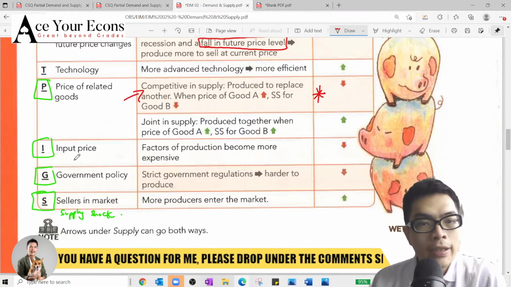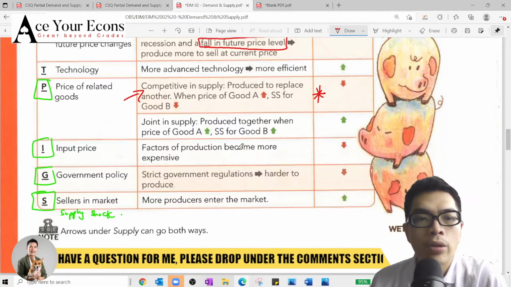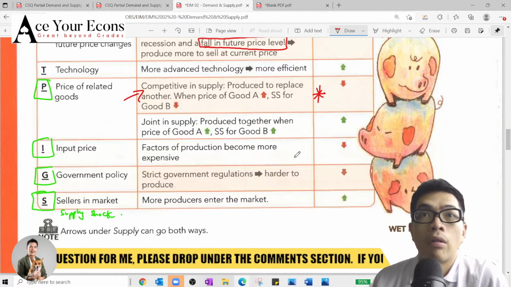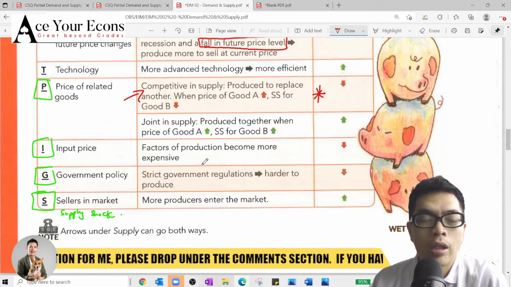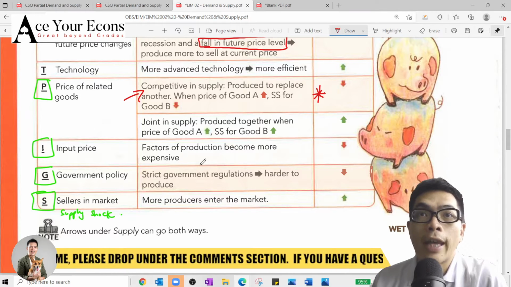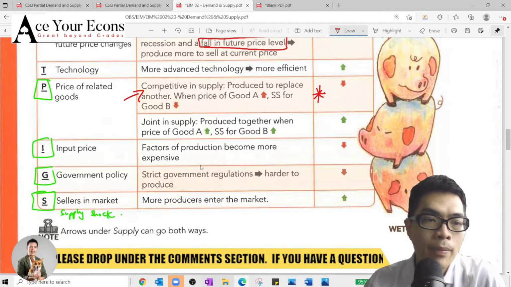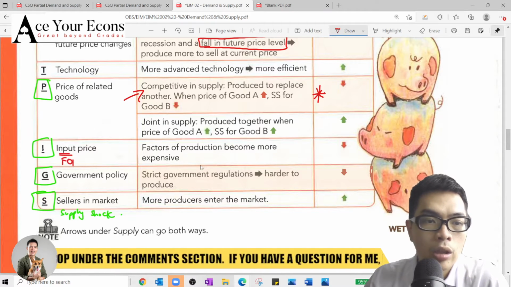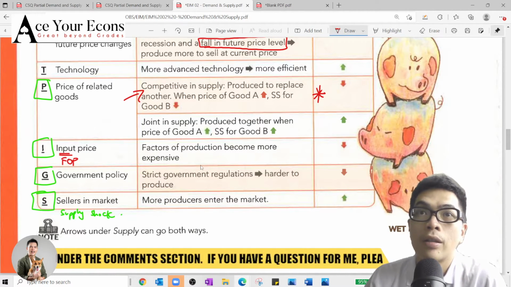Input prices are going to affect the price of your goods, or rather, they affect your supply curve. For instance, if labor is becoming more expensive, remember, input is what? Factor input, or what I call a factor of production. Labor is a factor of production, right?